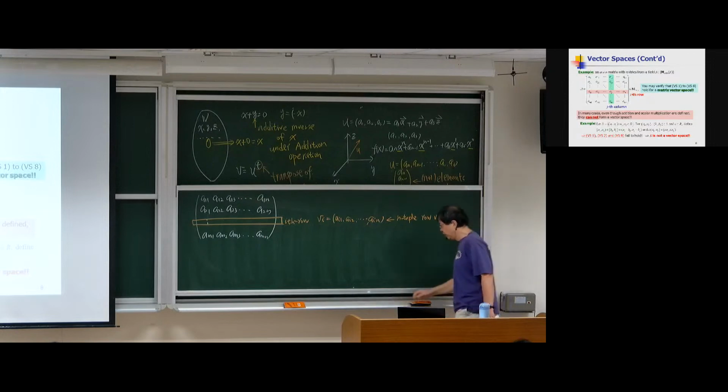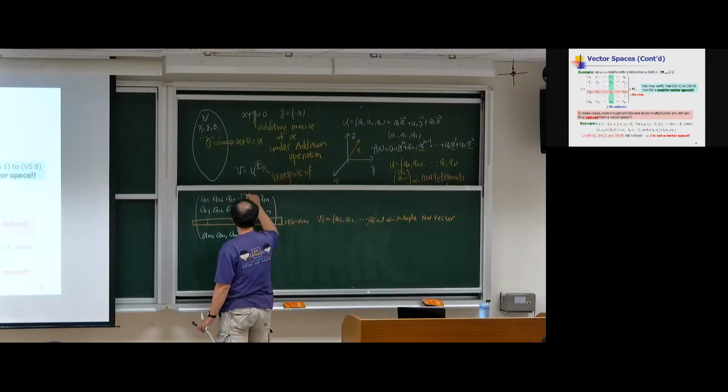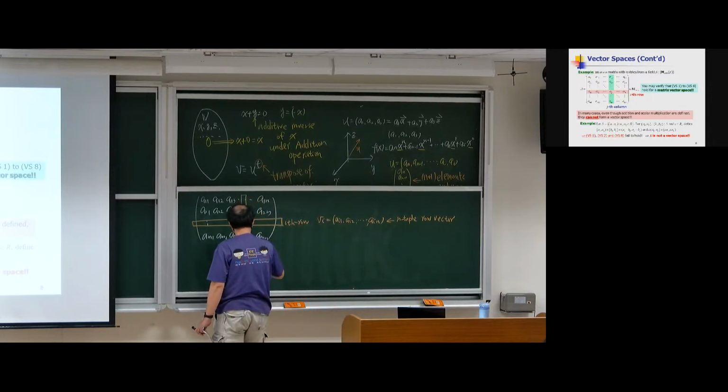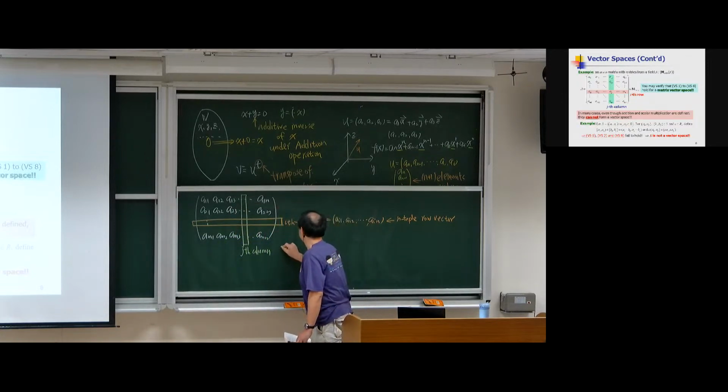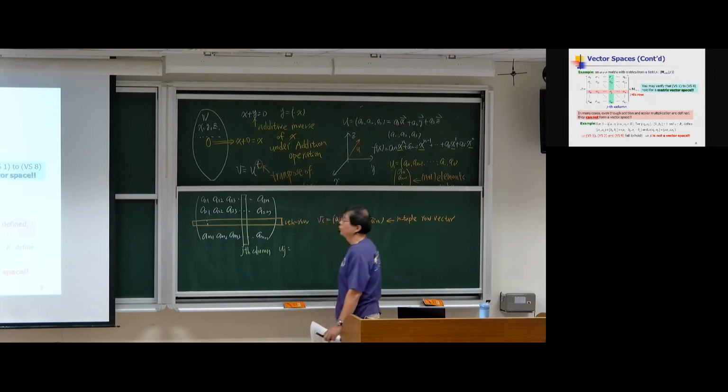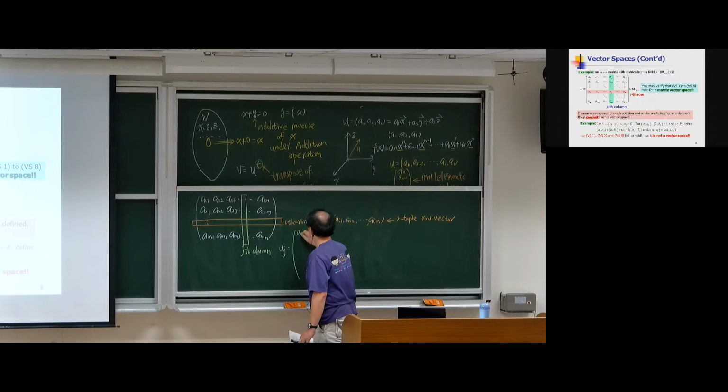And for the jth column, I can have uj, which will consist of a1j, a2j to amj.